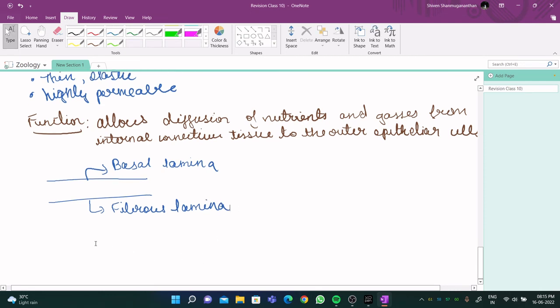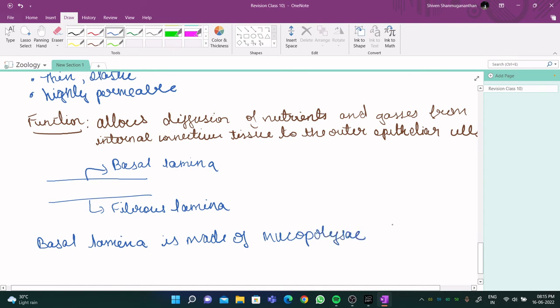The basal lamina here is made of mucopolysaccharides and glycoproteins.